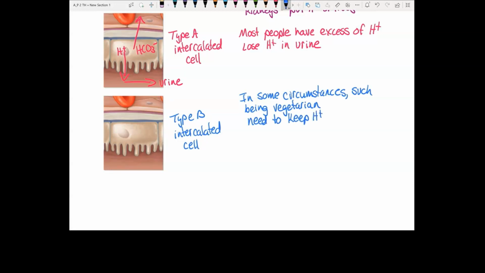So then you will use your type B cells. Type B cells send hydrogen to the blood, and they send bicarbonate to the tubular fluid to be lost in the urine. So if you're using your type B cells, you lose bicarbonate in your urine. And you keep the hydrogen. And then that keeps your blood at 7.4.